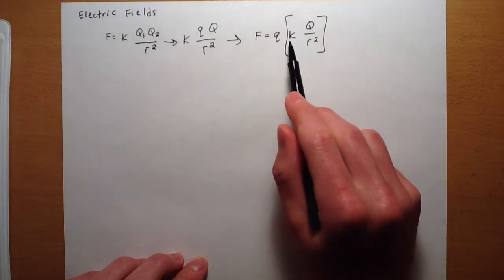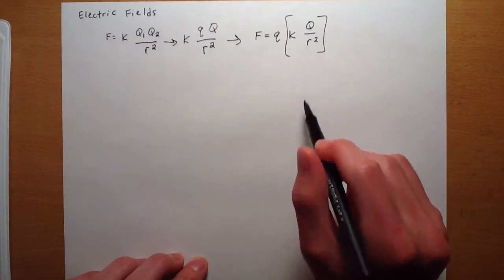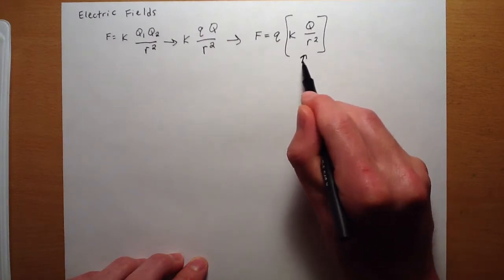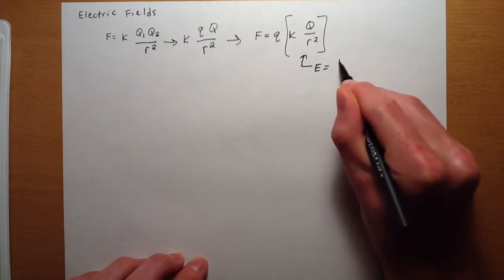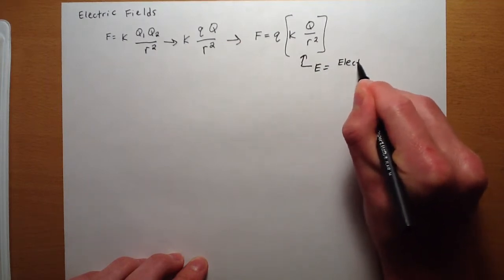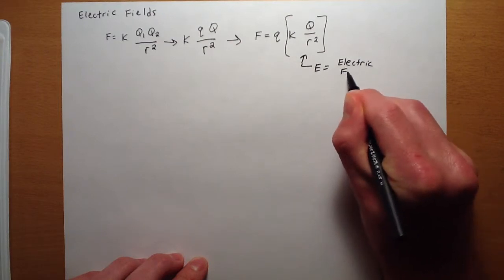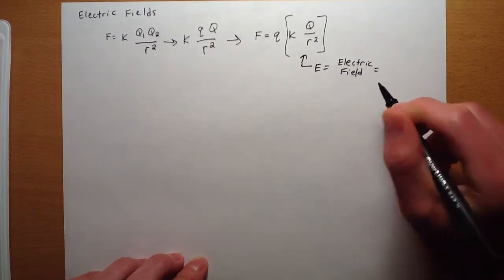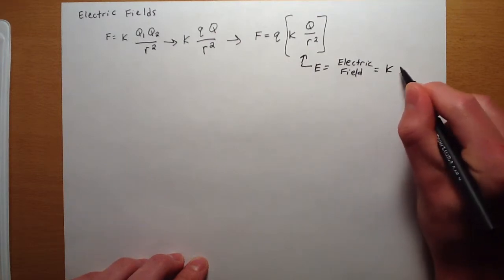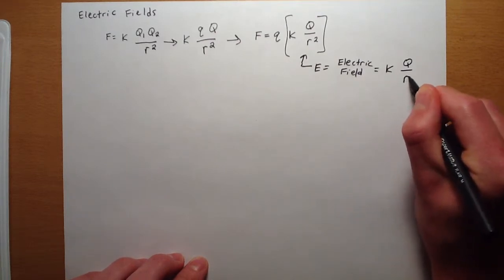And we're going to take this right here, K, Q over R squared, and we're going to rename this E, which we're going to use as electric field. So the electric field is going to be equal to K, big Q, over R squared.